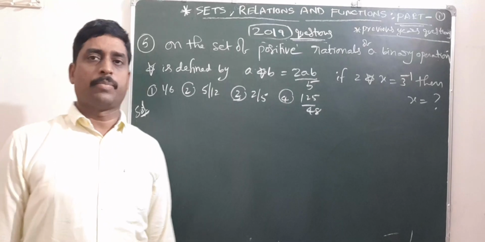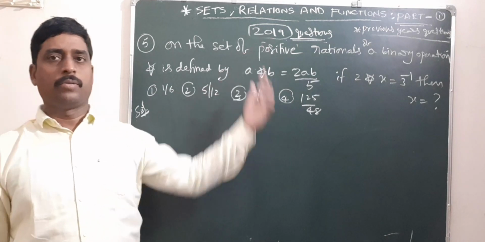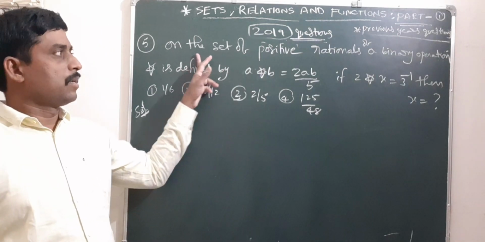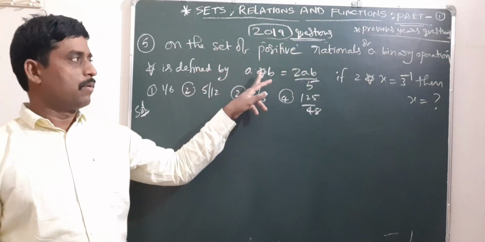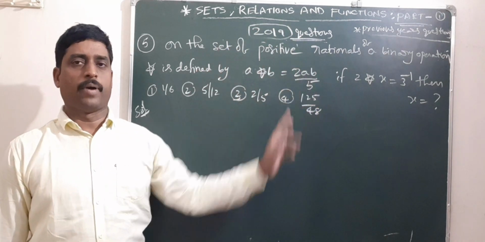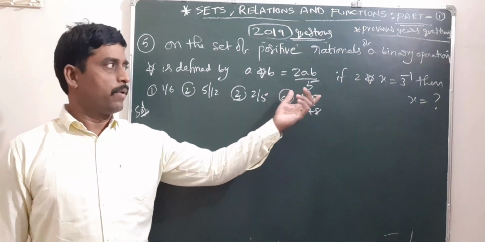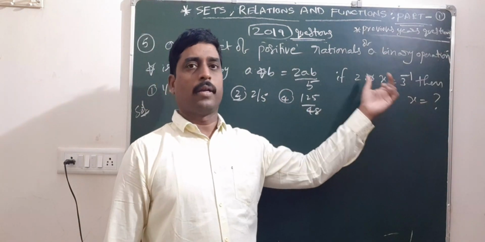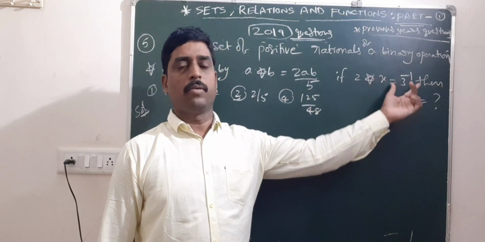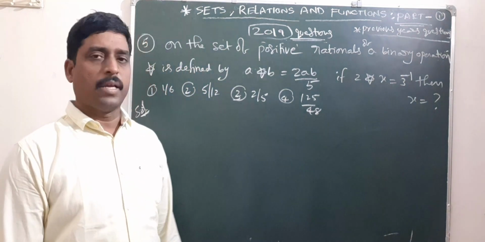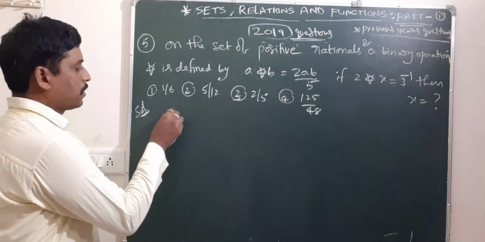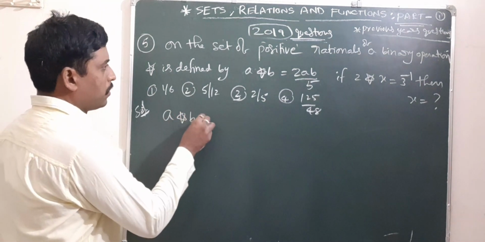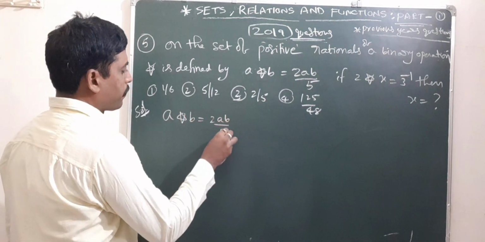Let us go to the next problem. This problem is from 2019. On the set of positive rationals, a binary operation is defined by a star b is equal to 2ab by 5. We have to find x. One condition is given: 2 star x is equal to 3 inverse. So for this type of problem, first we have to find the identity. So a star b is equal to 2ab by 5.